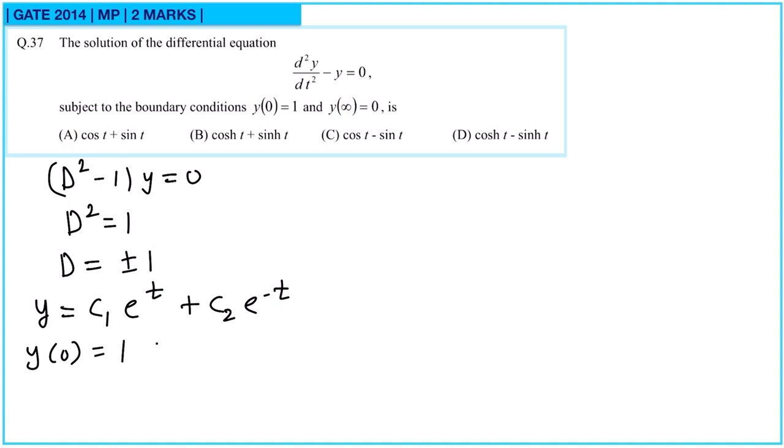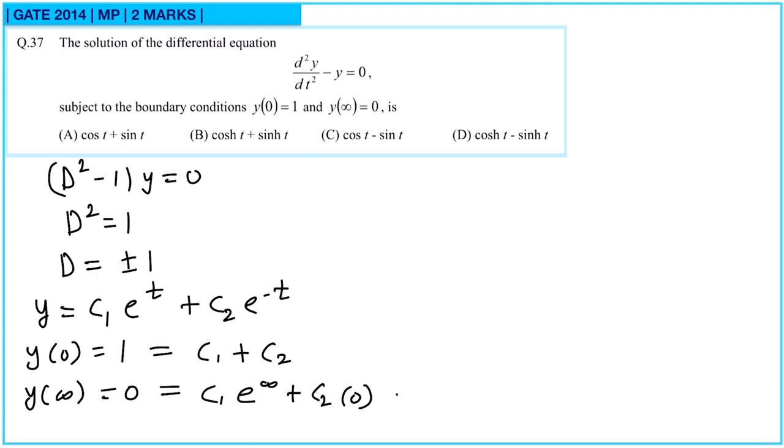Now y of 0 is 1, so that means c1 plus c2 is equal to 1. And y of infinity is 0, that means c1 e raised to infinity plus c2 e raised to minus infinity is 0, that is c2 into 0. Now this means c1 has to be 0, then only this function will be 0. And if c1 is 0, that means c2 is equal to 1. So the function is e raised to minus t.